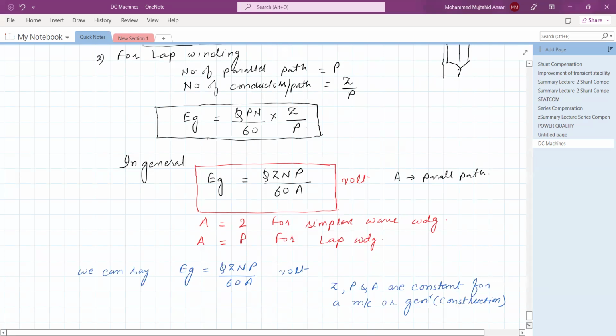The variable parameter is flux, because it depends upon the current in the field winding, and the speed of the prime mover. So the flux is proportional to field current, and speed depends upon the speed of the prime mover.